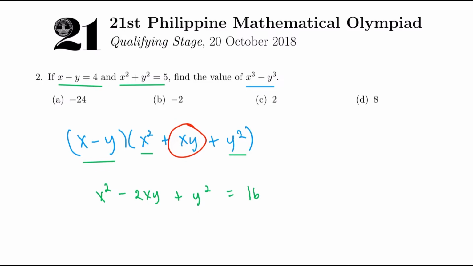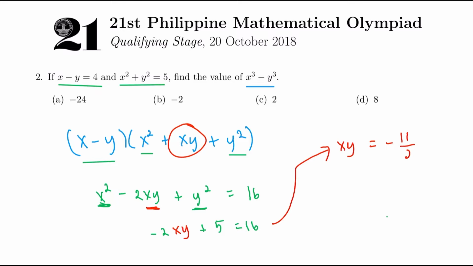Combining with the fact that x squared plus y squared is 5 from the second equation, I should be able to solve for xy. Negative 2xy plus 5 should give me 16, and from here, xy is equal to negative 11 over 2.